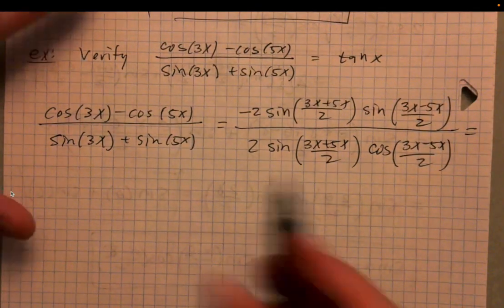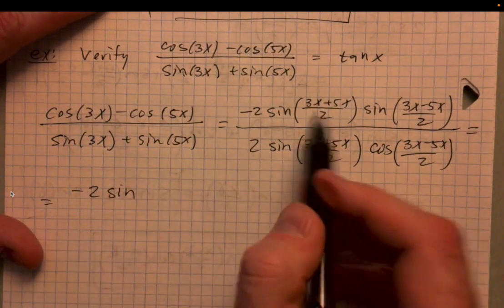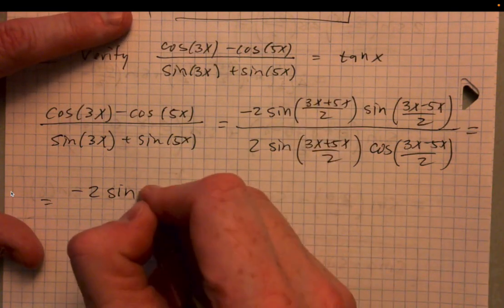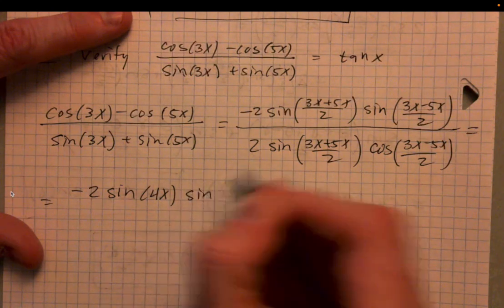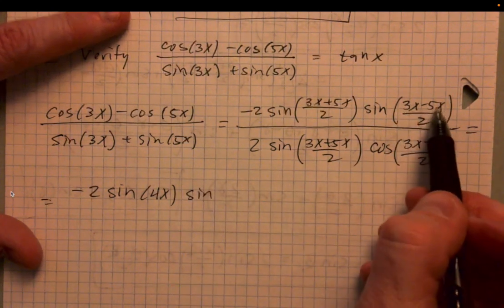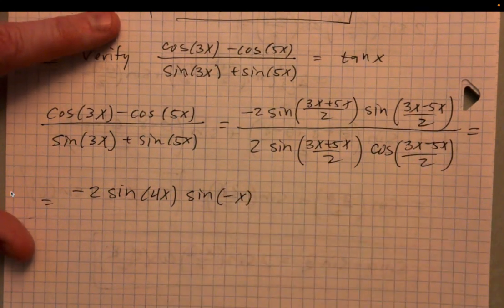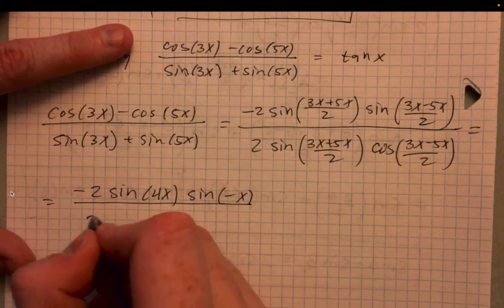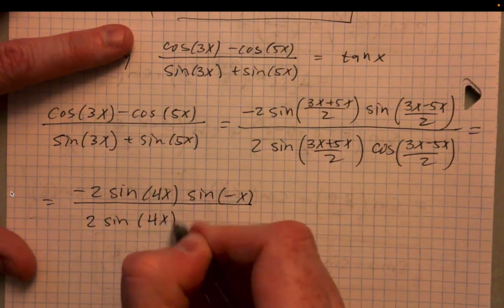Let's simplify this whole mess here. So we get -2 times the sine. Now what is this? This would be 8x over 2, so it's just 4x, isn't it? And then here I've got the sine of 3x minus 5x, so that's -2x over 2, so this would be -x. Okay. And then down below I've got 2 times the sine of, again, another 4x.